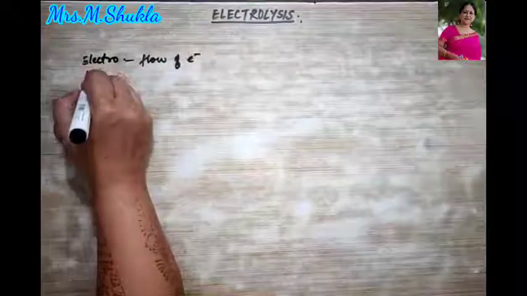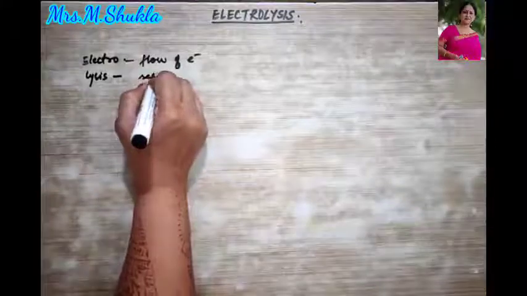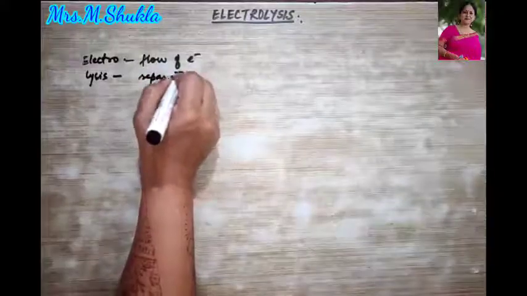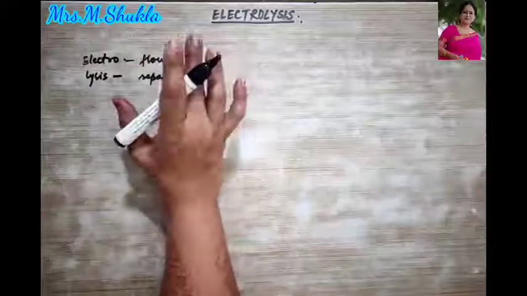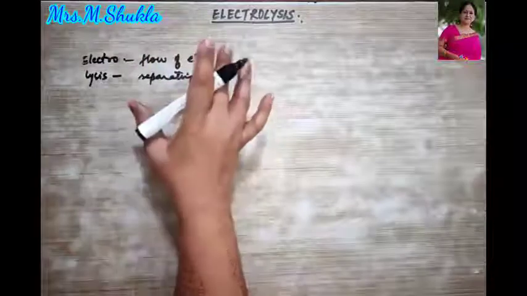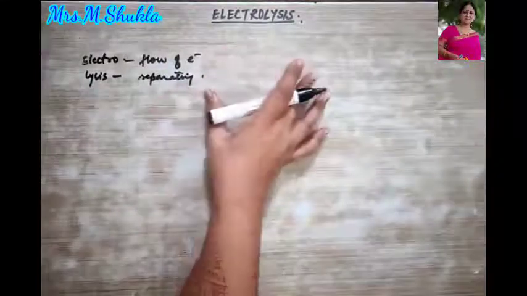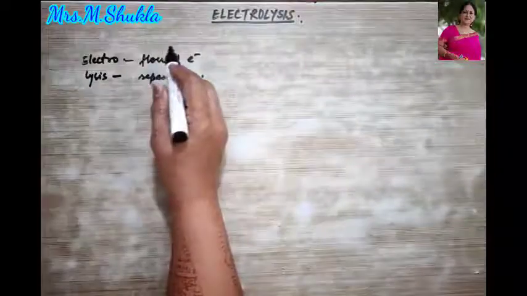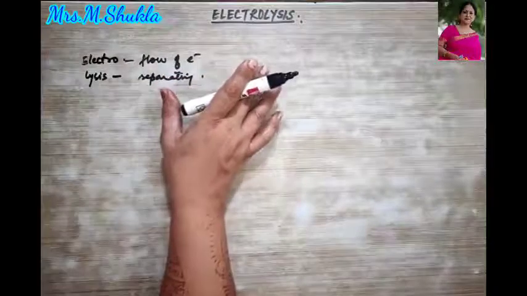And the next word is lysis. What does lysis mean? Separating. So if we bring both things together, what do we mean? Bringing about a chemical change in a substance by passing electric current.